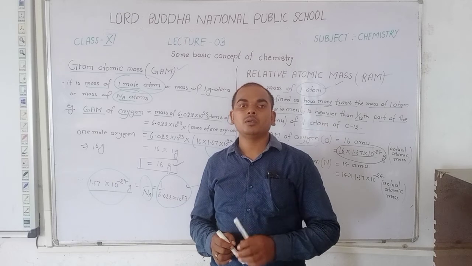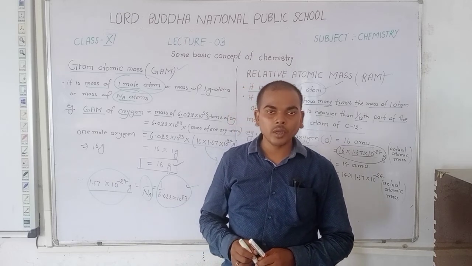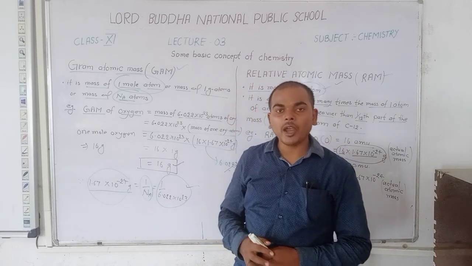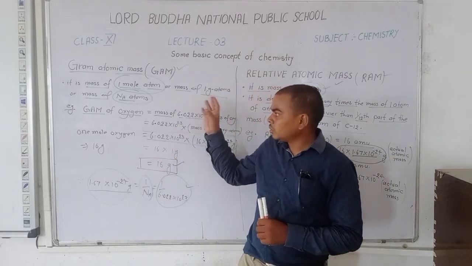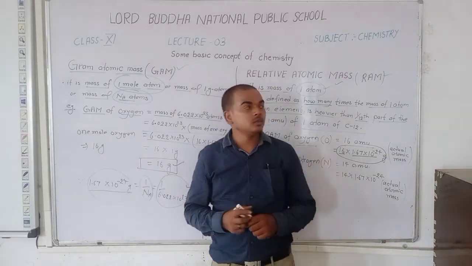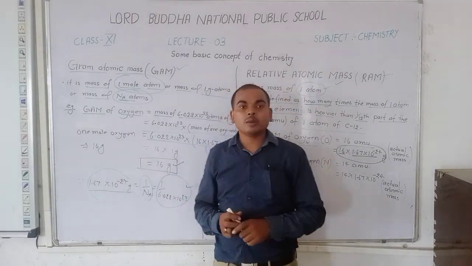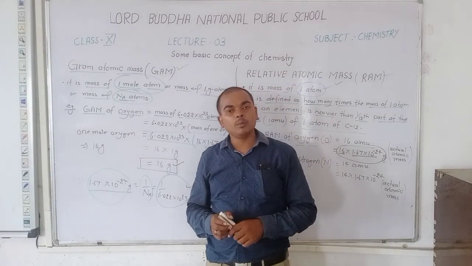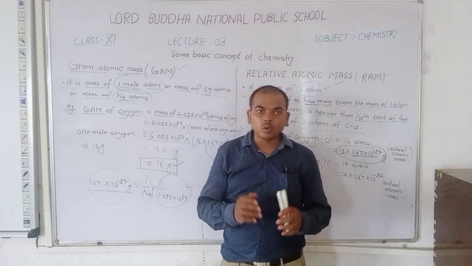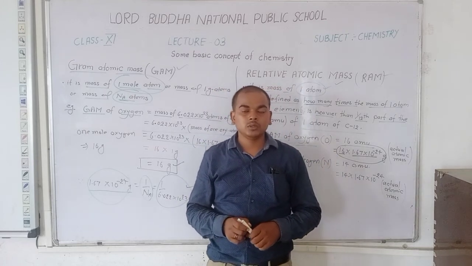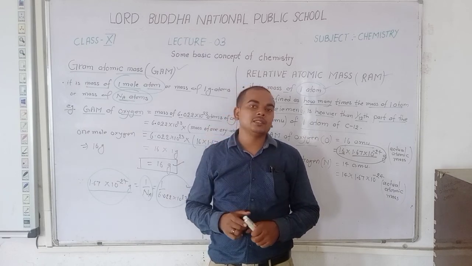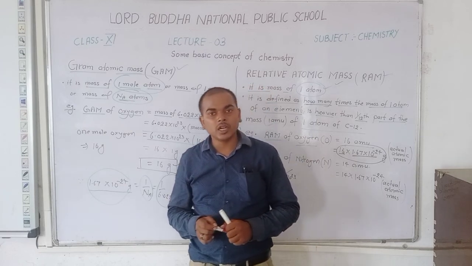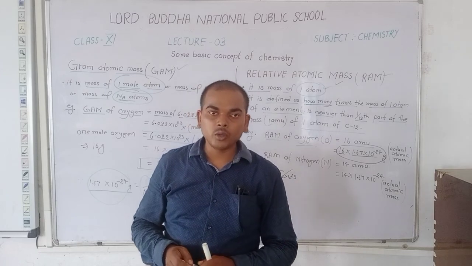You say 12 gram. Take a screenshot and note all about gram atomic mass, relative atomic mass and atomic mass unit in your notebook, and do the exercise given in the NCERT book. Thank you very much.